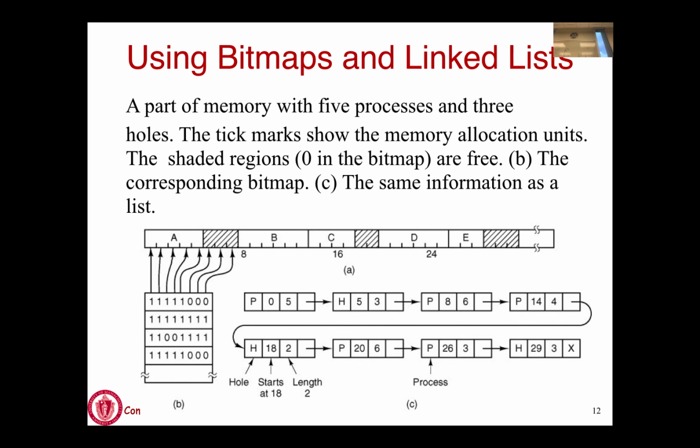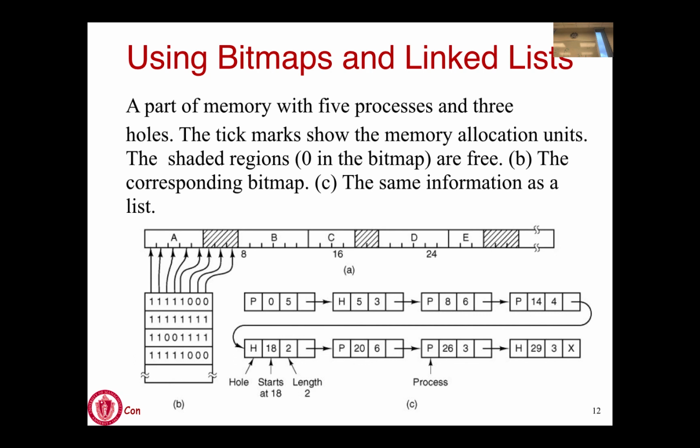So, the question is, how are you going to track what is in use or not? There are two data structures you can use for this, either a bitmap or a linked list. A bitmap essentially keeps a bit for every chunk of memory, and it's marked 0 or 1 depending on whether it's in use or not. Minix has this notion of clicks. I don't know what that word means, but it just essentially stands for a chunk of memory.